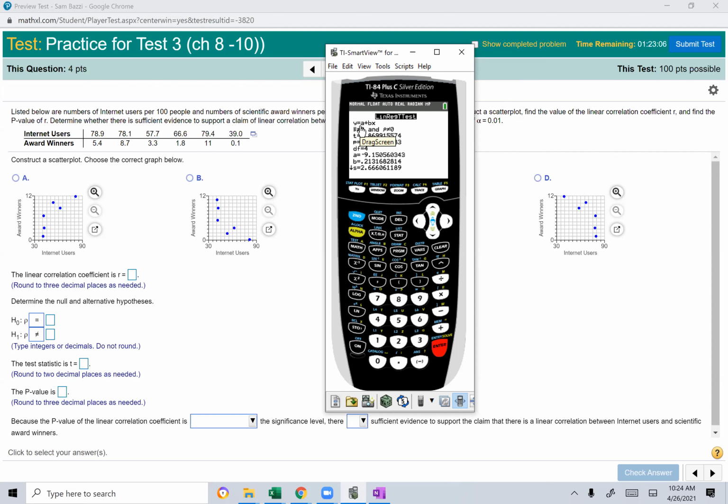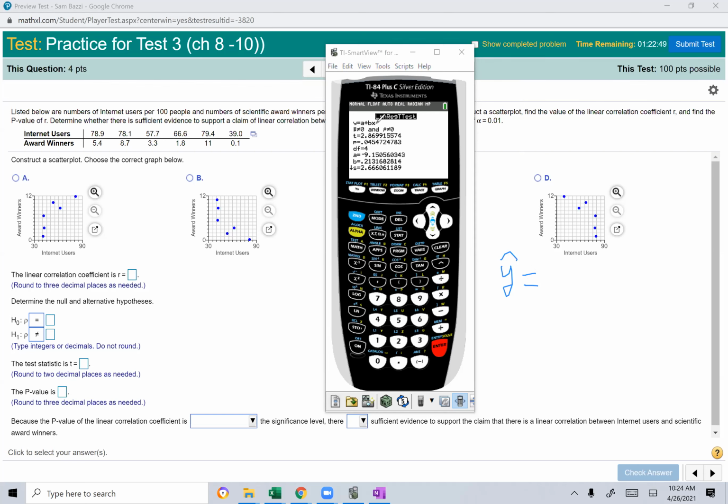Look at the equation, guys. Now this is where I want you to pay attention. This is where many students messed up in the chapter 9 assignment. So when you write the equation, guys, you write it like this. Y hat equals.